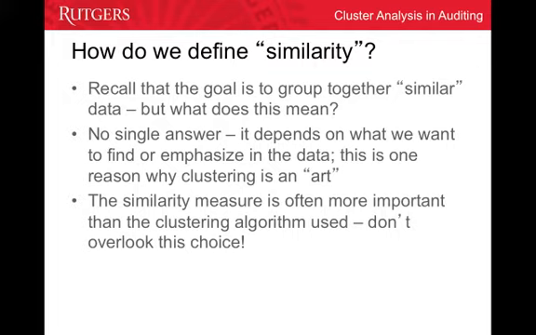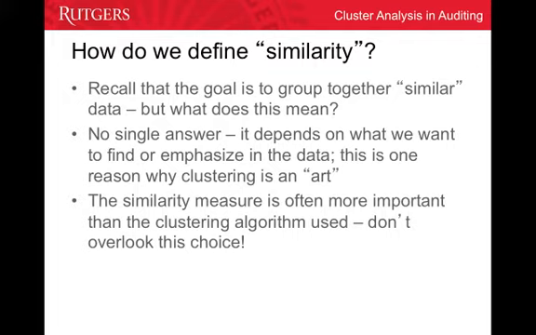So this is one of the reasons why we call clustering an art more than a science. The similarity measure is often more important than the clustering algorithm we use. So it's very critical that we choose the similarity measure.